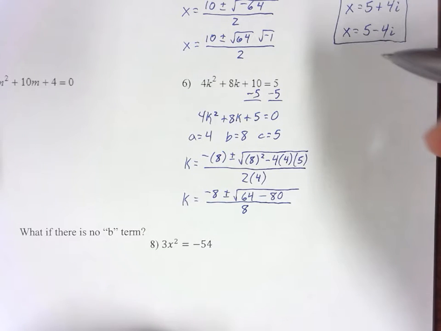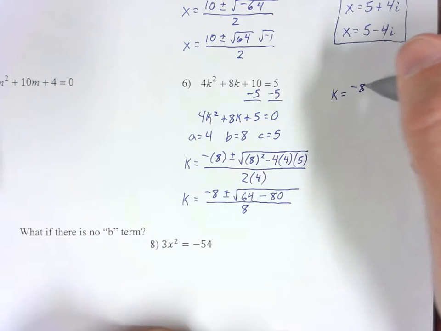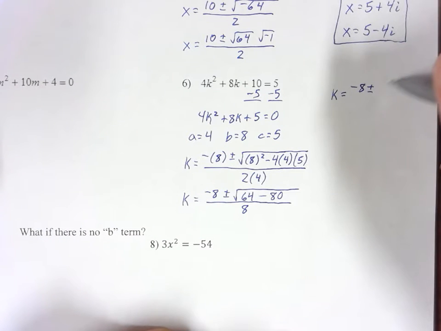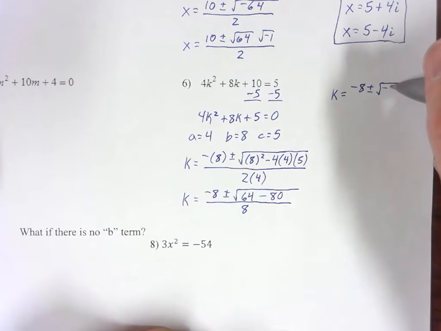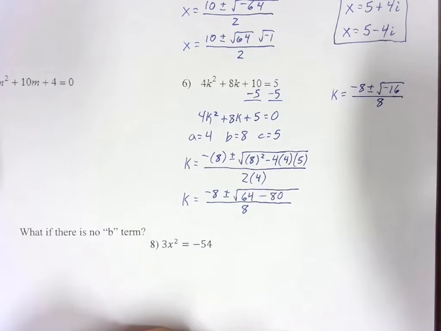So k equals negative 8 plus or minus square root of 64 minus 80 is negative 16 over 8. So I need to simplify the square root. My discriminant was a negative number, so I expect 2 imaginary solutions here.